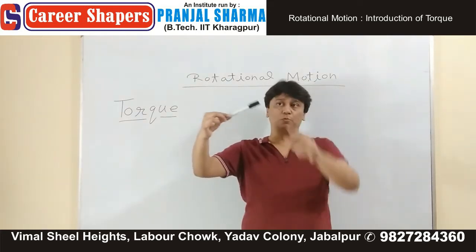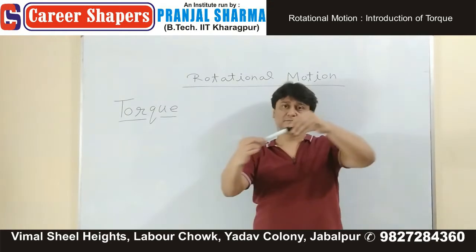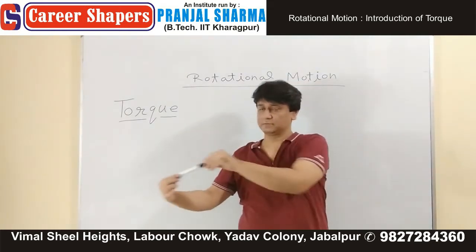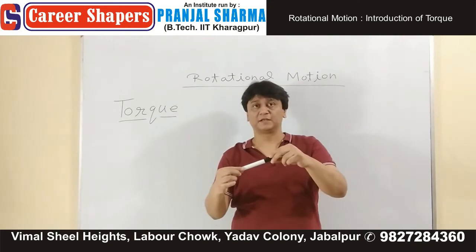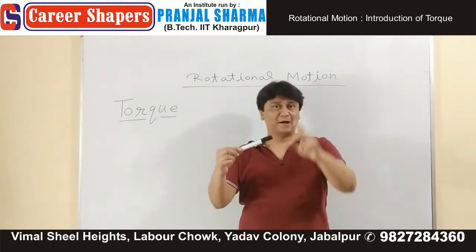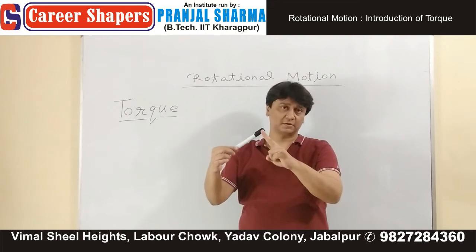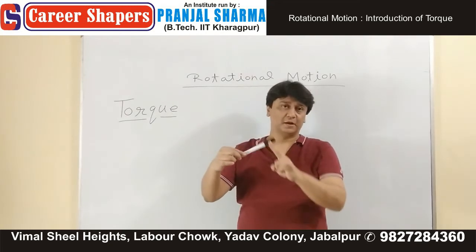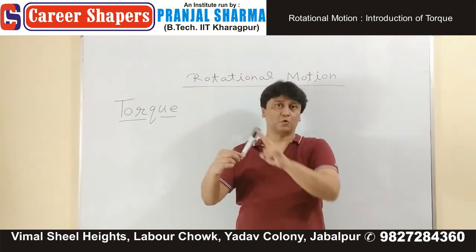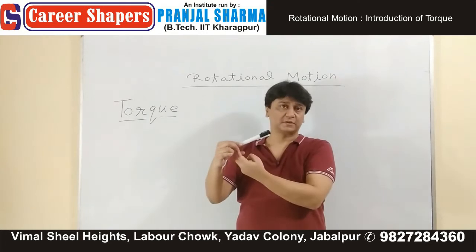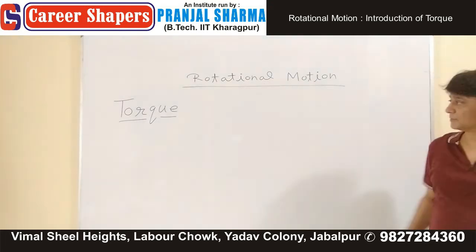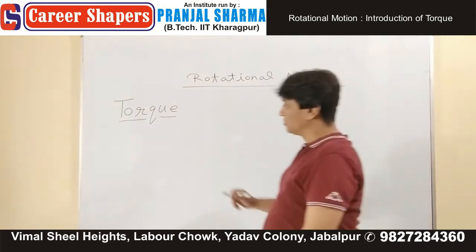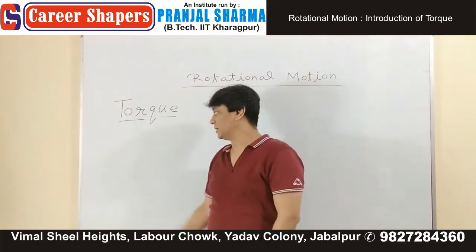But if I try to pull this marker like this, then you can see that it doesn't rotate. But if I apply force like this, then it starts rotating about this axis. So we have found these few things.